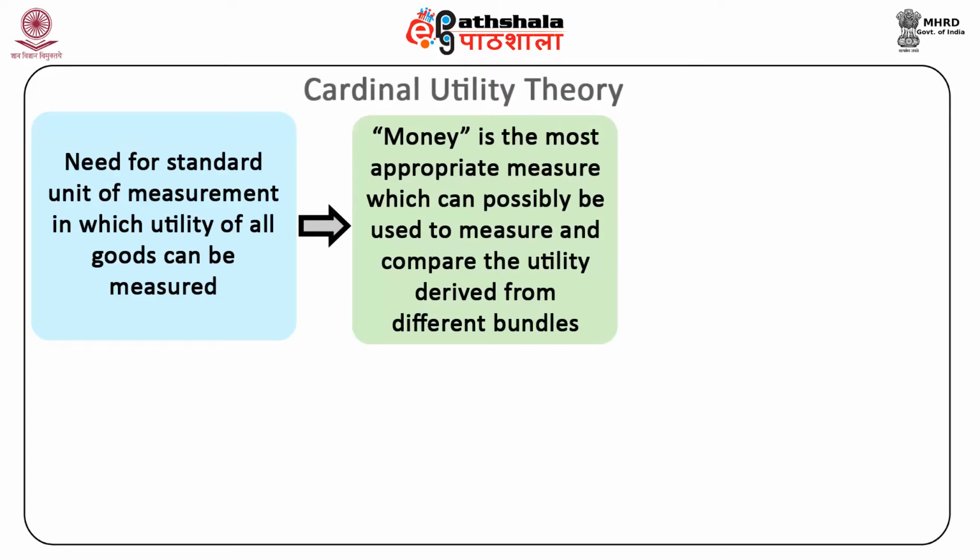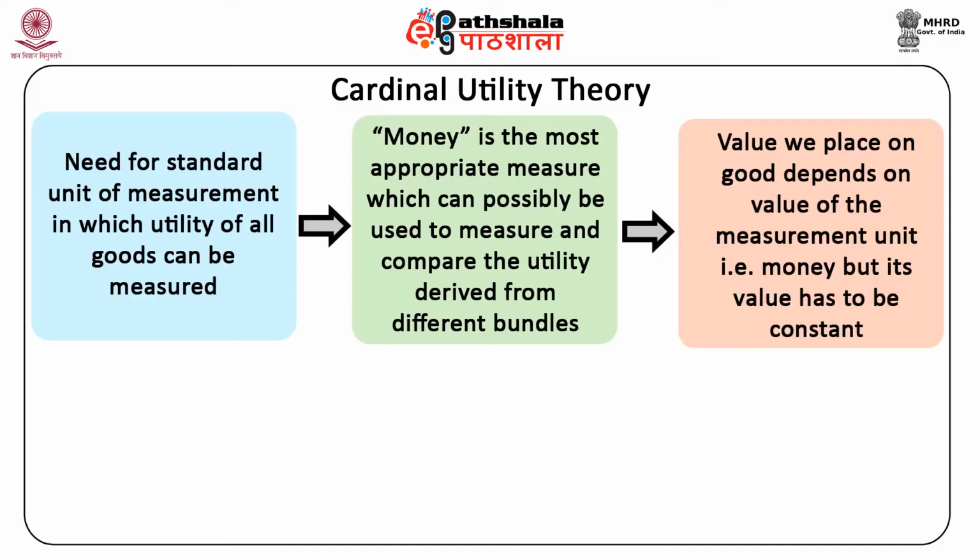Money is the most appropriate measure which can possibly be used to measure and compare the utility derived from different bundles. But the value we place on a good depends on the value of the measurement unit, that is money.